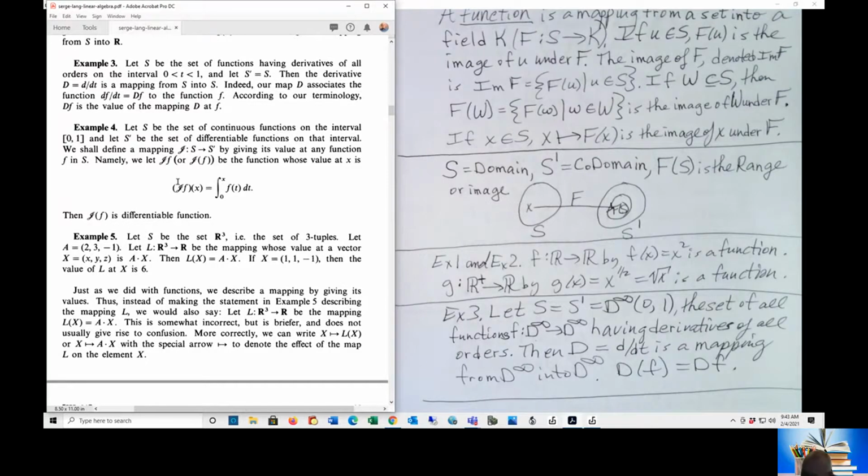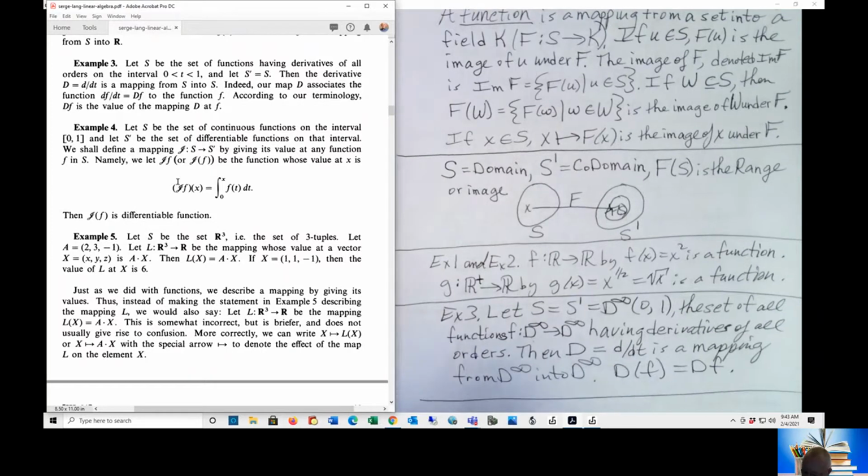Then the operation of taking the derivative, capital D equals d/dt, is a mapping from D infinity into D infinity. In other words, D of f equals f prime. It's the operation of taking a derivative, so the operation of taking a derivative is a function in itself.